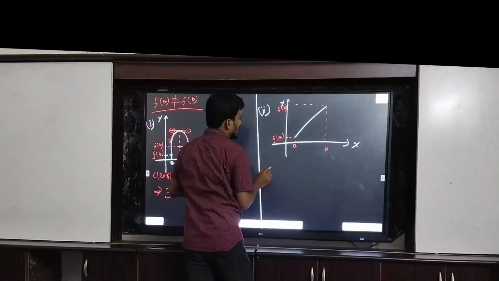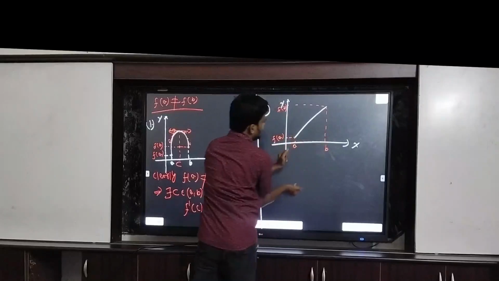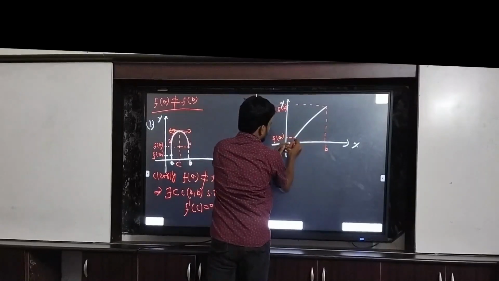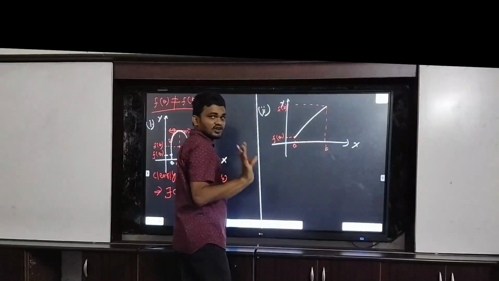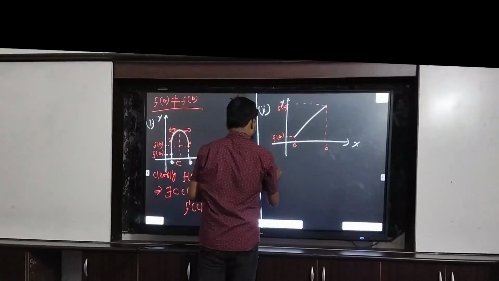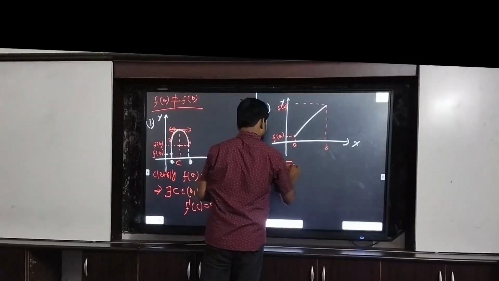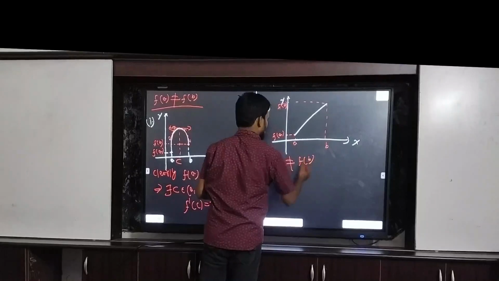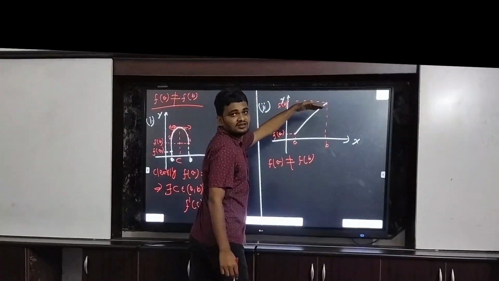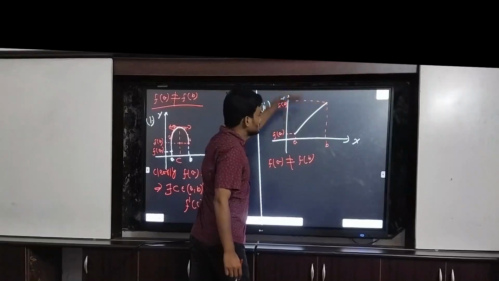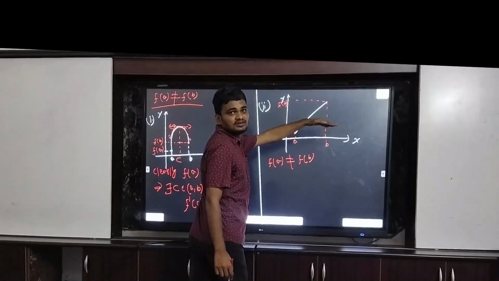Here also our function is continuous in the closed interval, differentiable in the open interval, right? We are not concerned about endpoints; they may not be differentiable. We are not concerned with this. So clearly here also f of a is not equal to f of b. In this case, there does not exist a tangent which is parallel to the x axis.